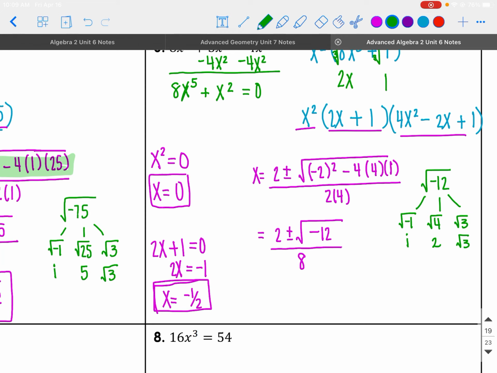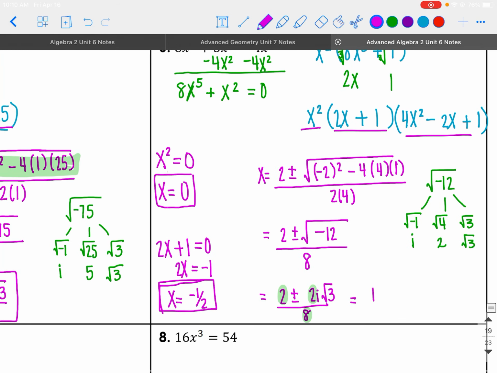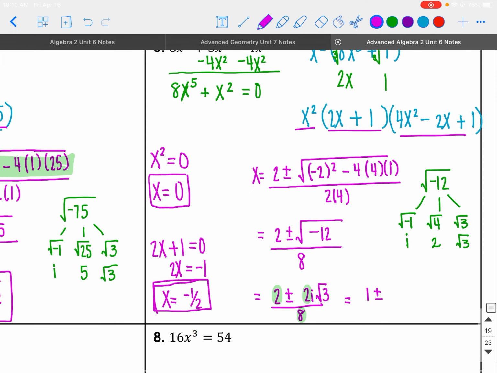That stays radical 3. 2i radical 3 over 8. But remember, we look at these three numbers to see if there's anything that I can divide them by, and I can divide them all by 2. So 1 plus or minus 1i radical 3 over 4.